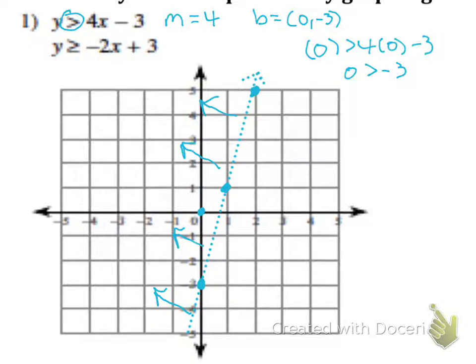Then my next linear inequality, my slope is -2. My y-intercept is 0, 3. So I'm going to mark that point at 0, 3. And I'm down 2, right 1, down 2, right 1. And I will have a solid line this time because it's greater than or equal to.